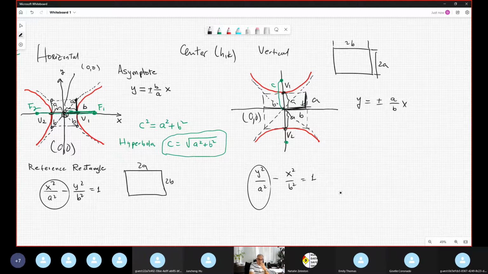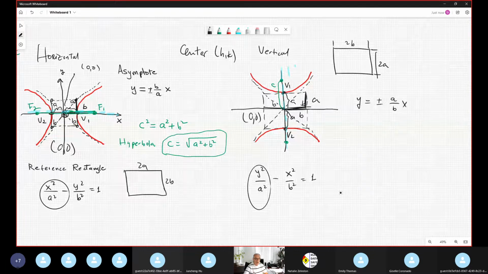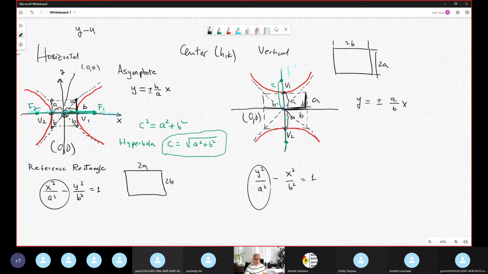And important. The focus lies always on the transversal axis. This is our transversal axis here. Here, over there. In this case, the transversal axis is like that. And the equation of the asymptote is similar, except that we have the point h, k. So we use, guys, the formula that you very well know, the point slope formula. Look, y minus y1 is equal to m times x minus x1.